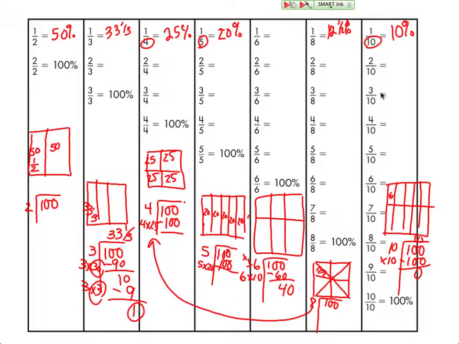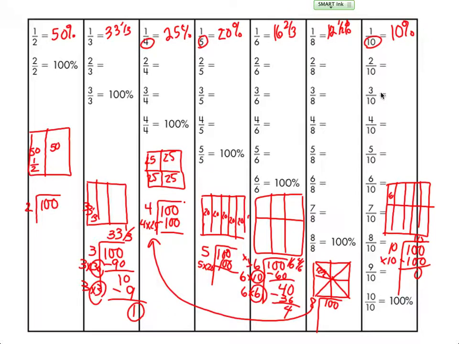How many 6's will go into 40 without going over? 6. 6 times 6 is what, Noah? 36. And we're left with 4, right? 6 won't go into 4. So we have 16 and 4/6. And 4/6 can be reduced to 2/3. So we have 16 2/3%.